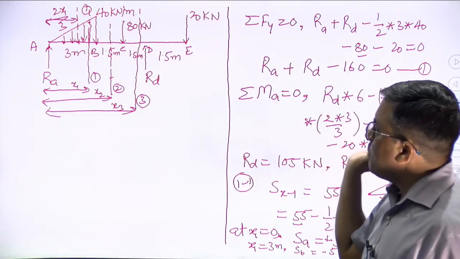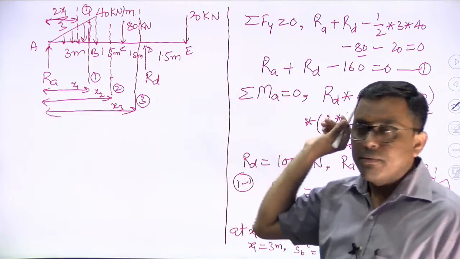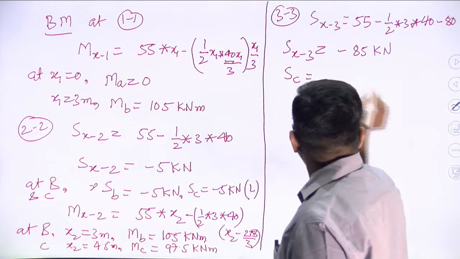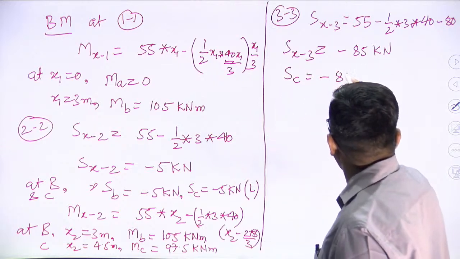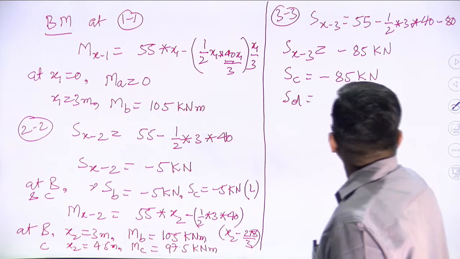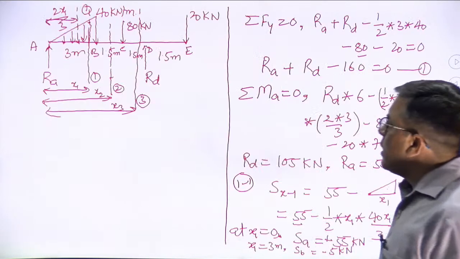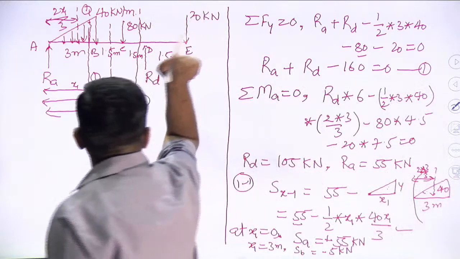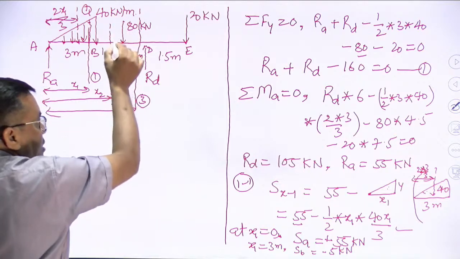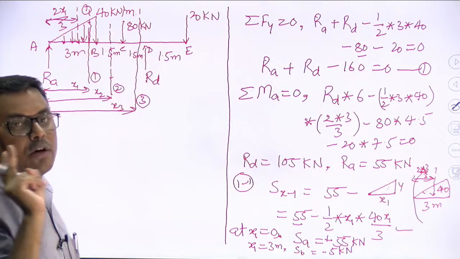And this equation is valid from the right of C to just left of D. So I am writing here the shear force at C, from this equation, is minus 85 kilonewton, and the shear force at D is also minus 85 kilonewton. As I told earlier, wherever we find a point load in the beam, here at point C there is one point load, so on the left and right side we will get two different values of shear force.